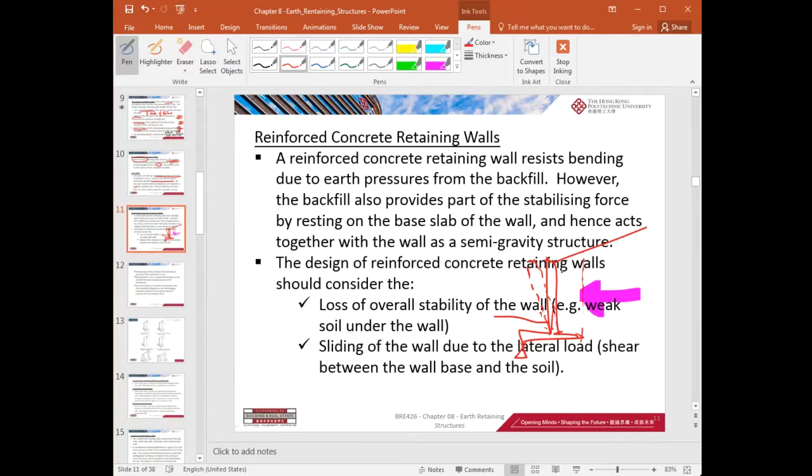So you have to provide the weight of this soil, and the weight of this wall stem, and the weight of this base. So it tries to give you a what? A stabilizing moment, right? The stabilizing moment.